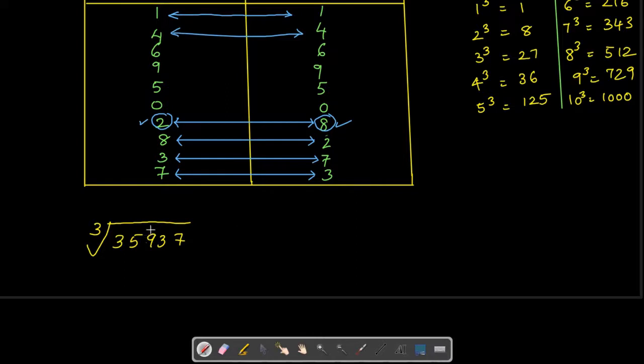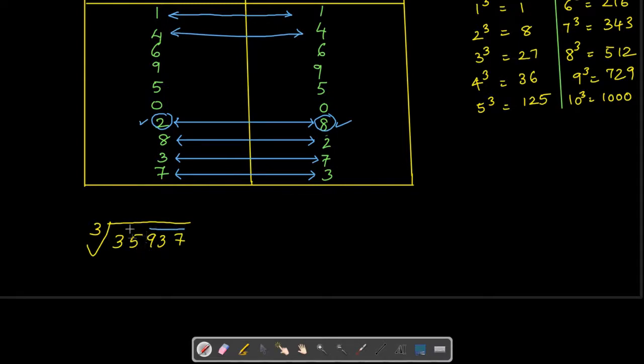So in order to find the cube root of this number, the first step we will follow is, since we are calculating the cube root, we will partition the number into 2 parts. How are we going to partition the number? We will start from the ending, that is from the ones place digit, and take 3 digits in it.